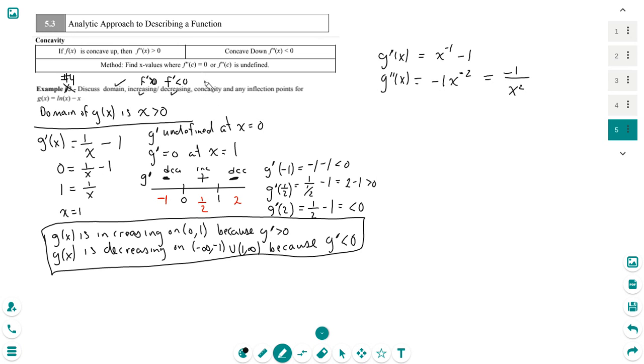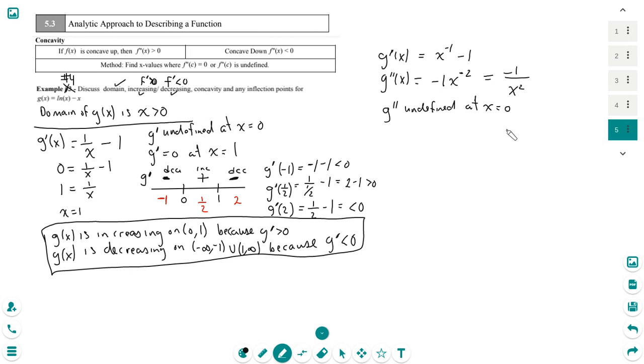Again, I need to know where the second derivative is equal to 0. Since the numerator is never 0, there are no zeros for the second derivative. Where is it undefined? Well, the denominator could be 0 at x equals 0. So g double prime is undefined at x equals 0.